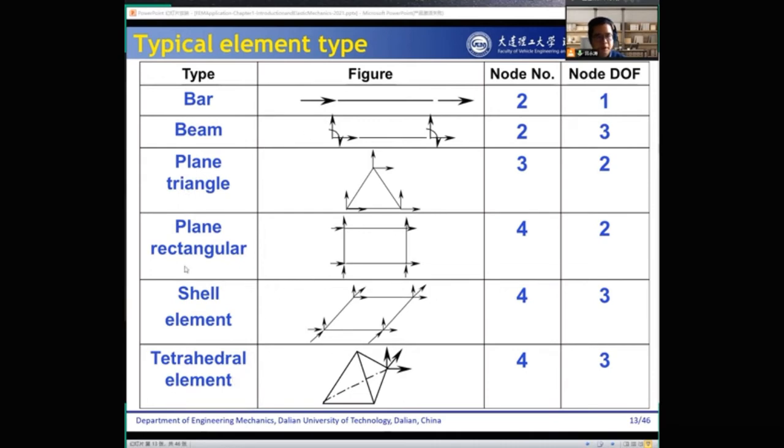In the subsequent lectures we will give much more detail on each element, how the software analyzes those elements and gets the solutions, and when we do our own analysis, which element we should pick. If you pick the wrong element, you'll get the wrong results. That's why you need to know the physics, the background, and the theoretical calculation process.